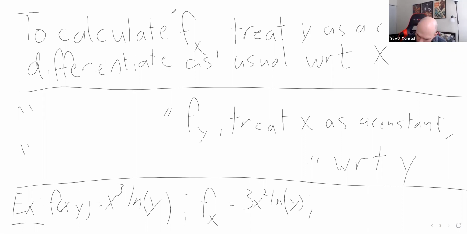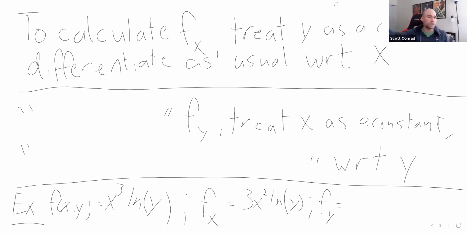And then for the partial with respect to y, now we're treating x as a constant. So x cubed we're thinking of as a constant. What do we get when we take the partial with respect to y? Right, so x cubed hangs around because it's just a constant.